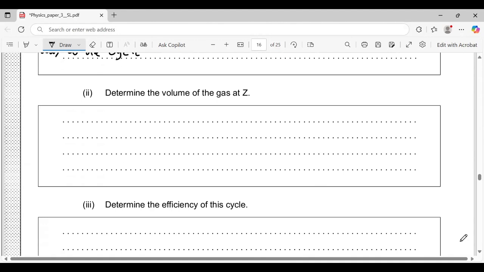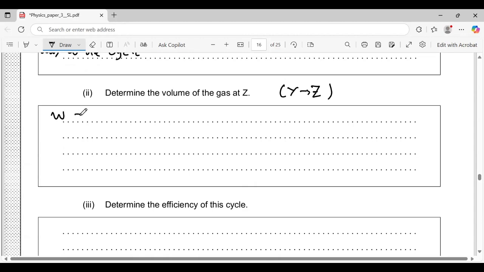Determine the volume of the gas at C. We are going to use the work formula for isobaric expansion Y to C. Right.